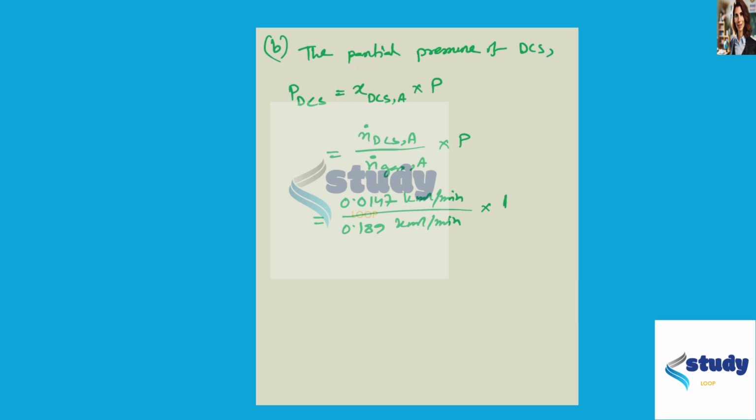The pressure is 604 millitorr. Therefore, the partial pressure of DCS is 47.0 millitorr.